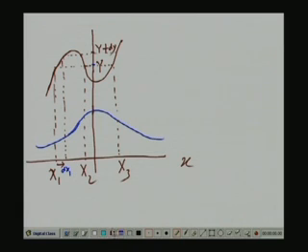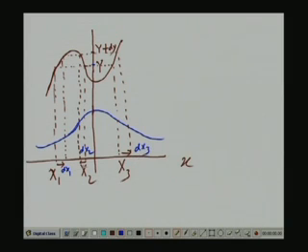But here this part is dx2, and here this is dx3.